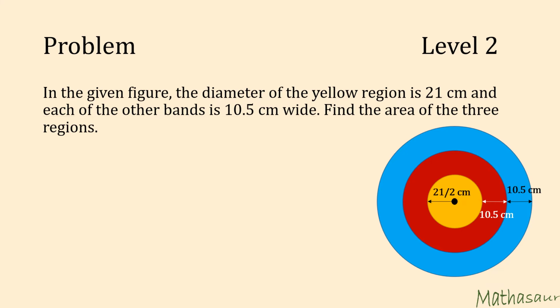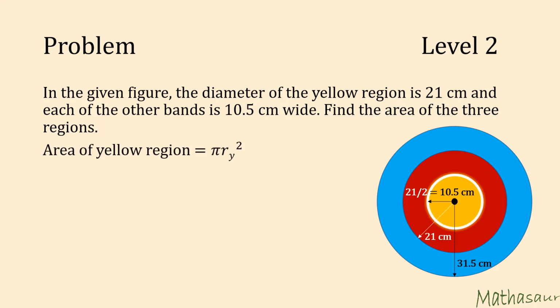So let us find out the radii of each of these circles. So we see that the radii are 10.5, 21 and 31.5 centimeters. Now we have to find the area of the three regions.